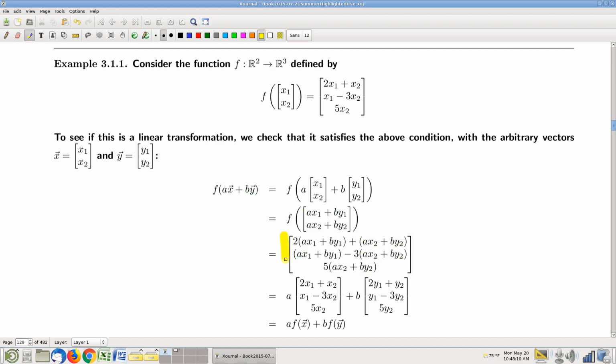Now, we look at this monster, and keep in mind my goal is to show that I get A f of x plus B f of y. So strategically, I kind of know that I need all of my A's and my X's kind of over on the left, and I can see I need all my B's and my Y's kind of over here on the right. So just kind of shuffle these terms around and try to be a little bit organized. And here we go.